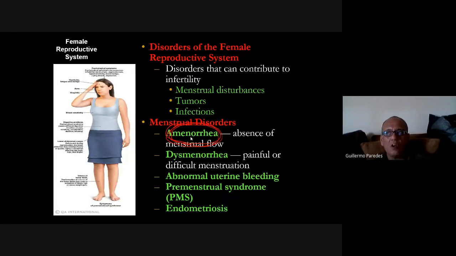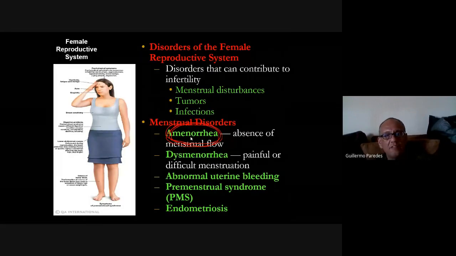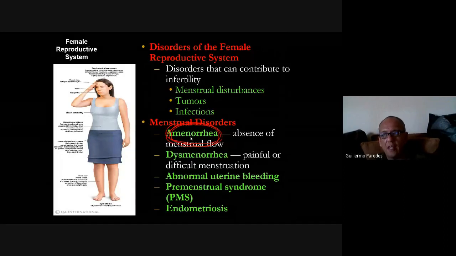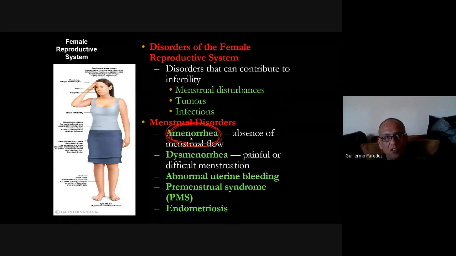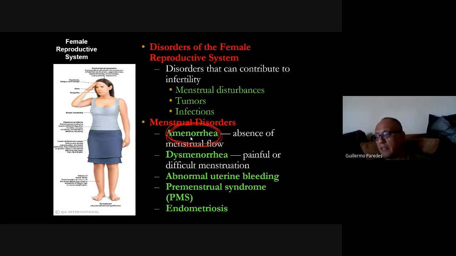What is the most common cause of amenorrhea? Amenorrhea means that you're not bleeding for at least 3 months. Okay, write that down. Amenorrhea is when you are not bleeding for at least 3 months. So what is the most common cause of amenorrhea?